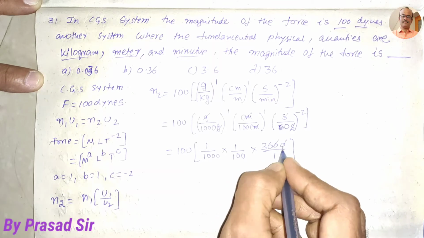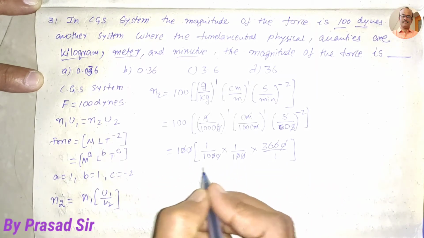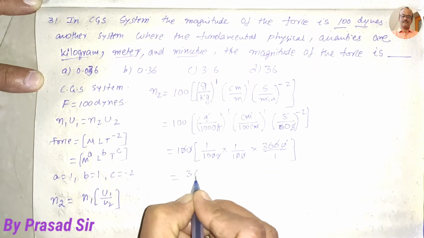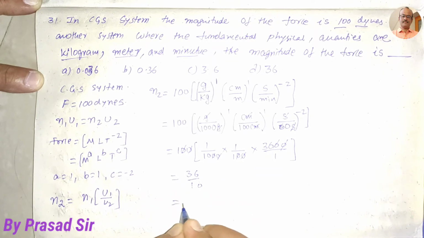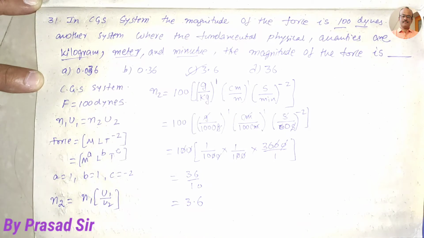So here 2 zeros cancel, and here 2 zeros and 2 zeros cancel. So here 36 divided by 10, the numerical value, that is 3.6. So what is the option here? 3.6, that is option C.